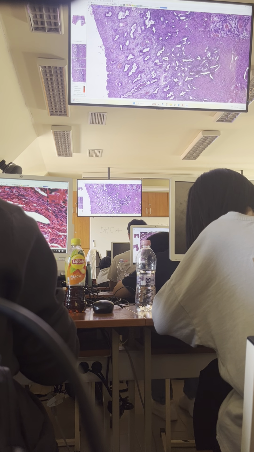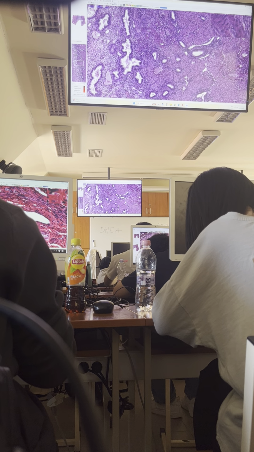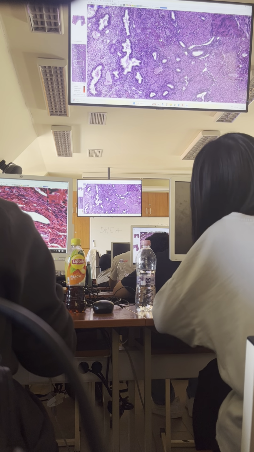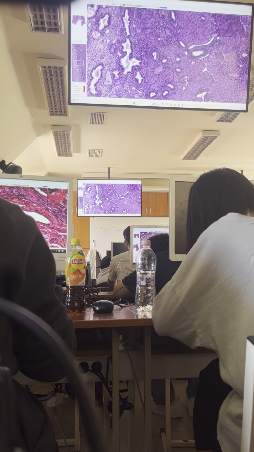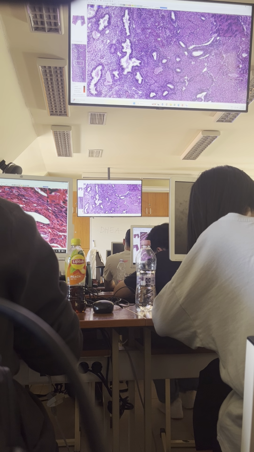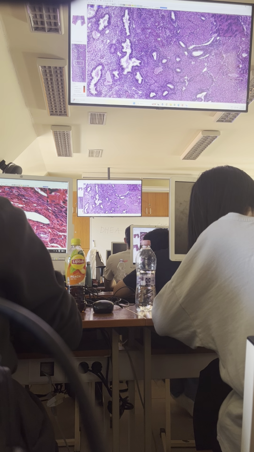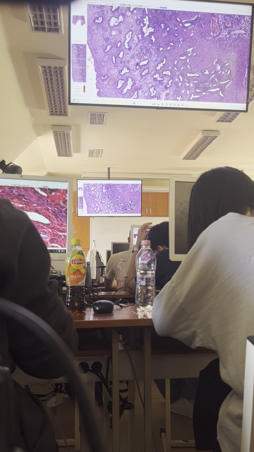Smooth muscle cells in the straight part of the artery, which is in the basal layer, are insensitive to changes in progesterone level. Okay, so this is a fundamental difference which can explain why the functional layer is lost during menstruation, but the basal layer remains in place. And the explanation is coming now.